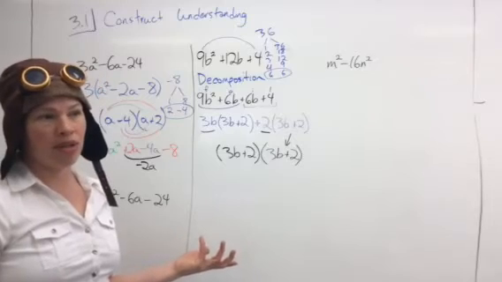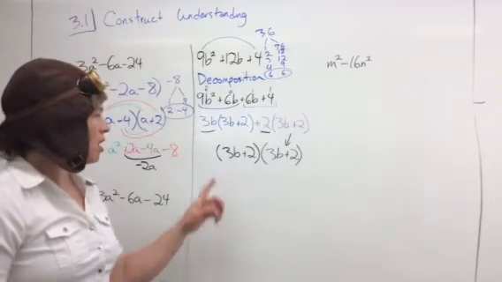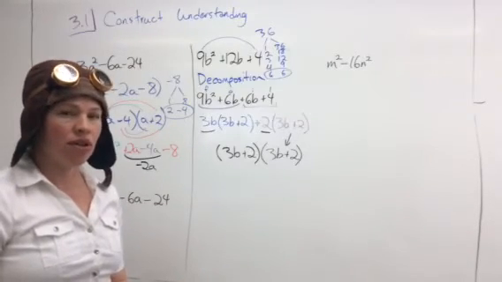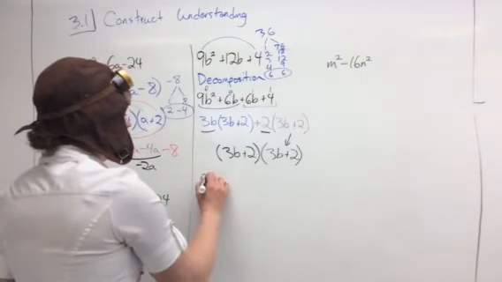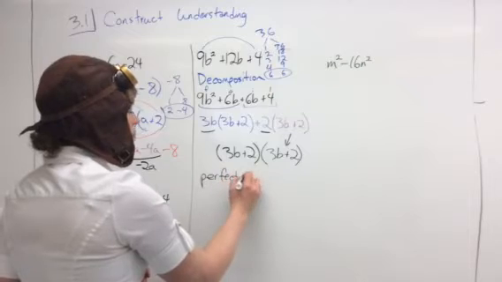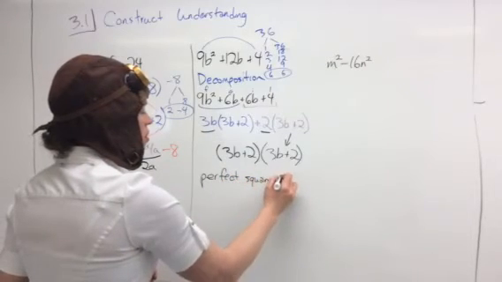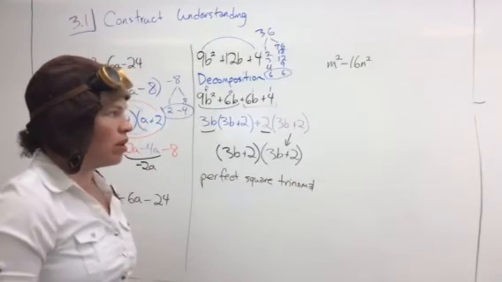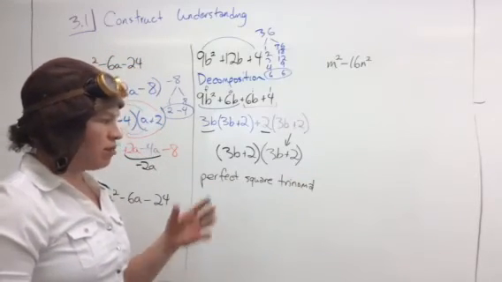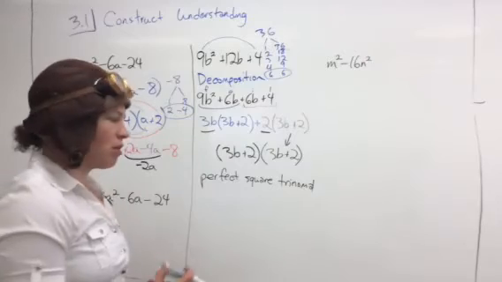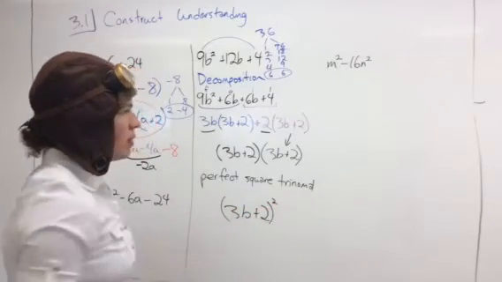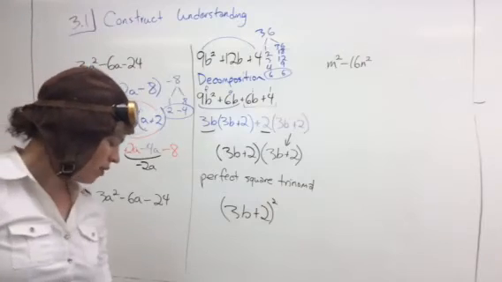Now you probably noticed that 3b plus 2 and 3b plus 2 are the same. So this is a perfect square trinomial. If the brackets match, it's a perfect square. I could have just written it like this. So that's what they mean by that.